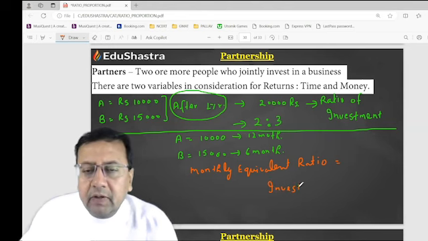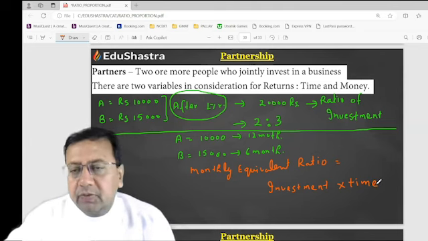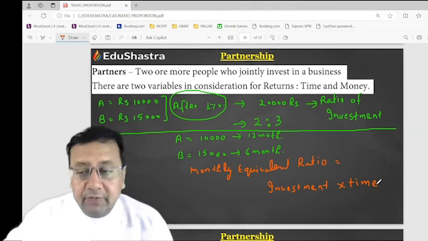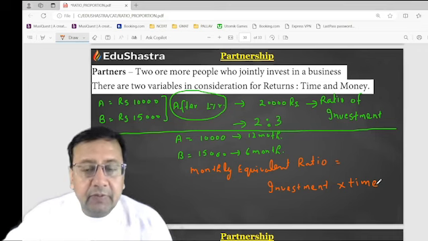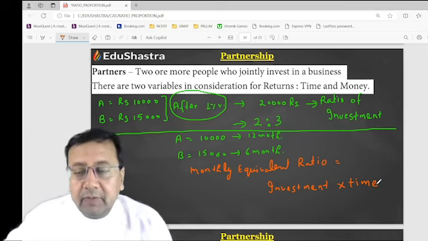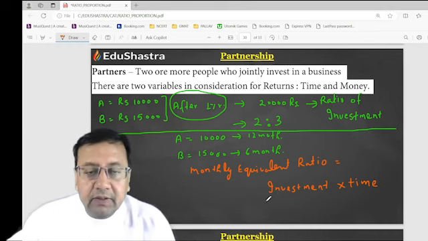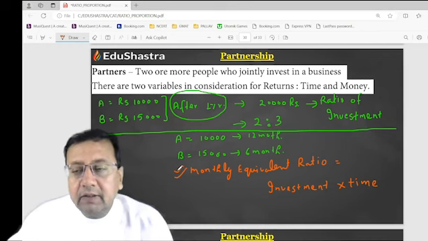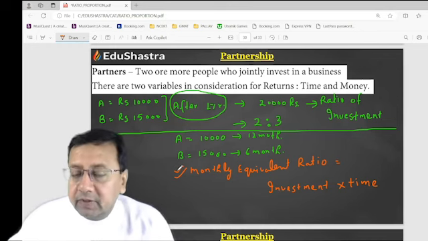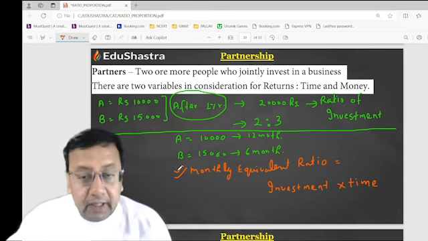So that is investment multiplied with time. So if the time is different, right? Every person is putting up the money for a different time duration. So we will calculate this monthly equivalent ratio, and this is calculated in a way investment multiplied with time.